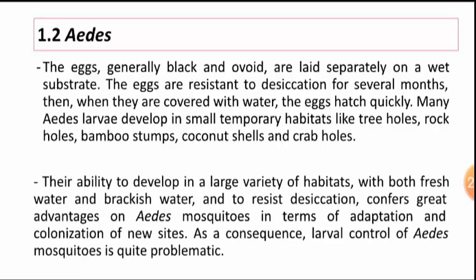Their ability to develop in a large variety of habitats with both fresh water and brackish water and to resist desiccation confers great advantage on Aedes mosquitoes in terms of adaptation and colonization of new sites.